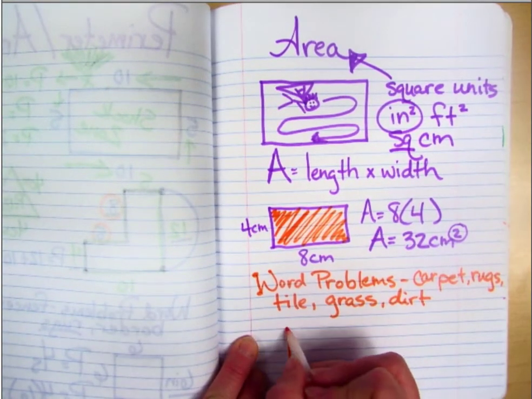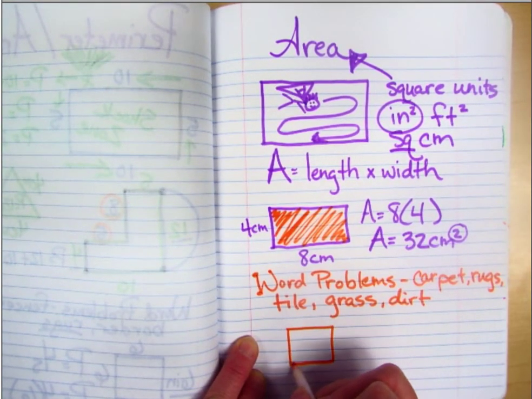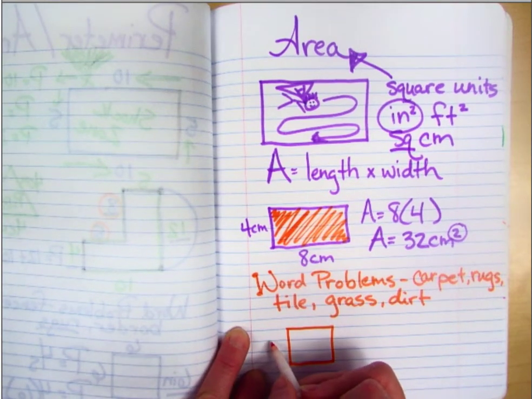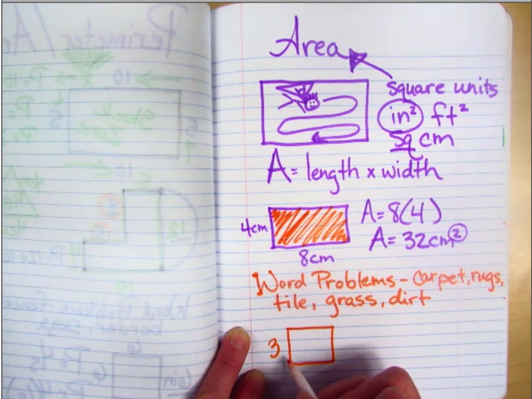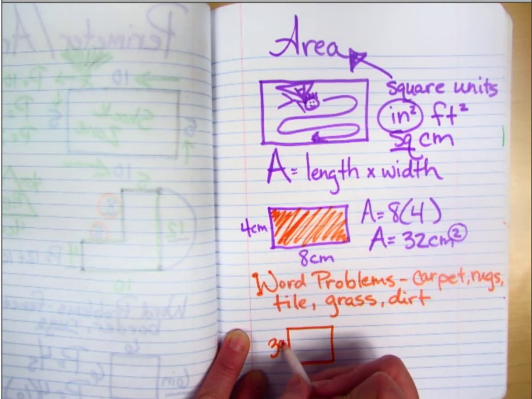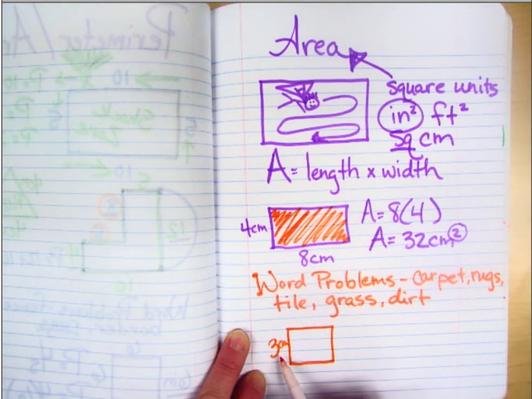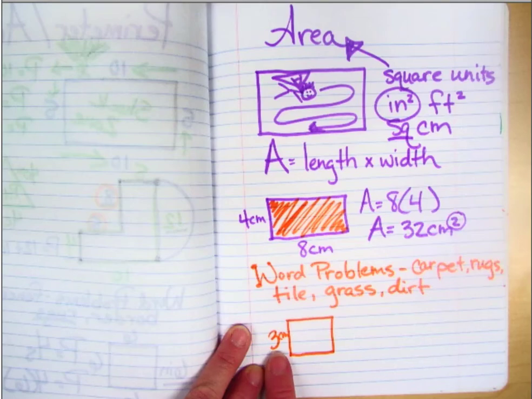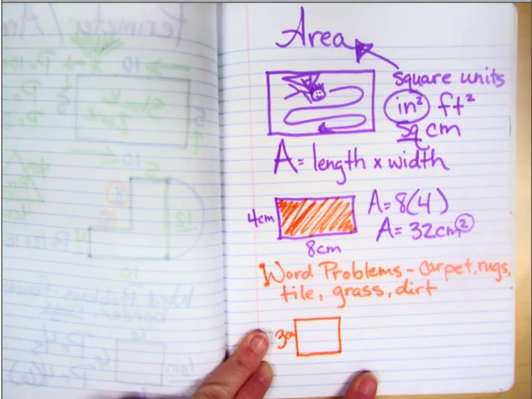Be really careful on the squares, because a lot of times people accidentally say, well, the area of this is 12 centimeters squared because 3 times 4 is square, but that's perimeter.